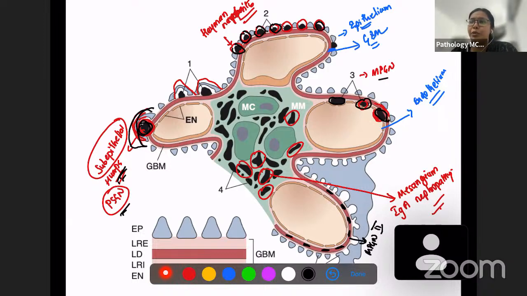So these kind of deposits are seen in membranoproliferative glomerulonephritis. You can also see intramembranous deposits which are inside the membrane. These kind of deposits are seen in membranoproliferative glomerulonephritis type 2. And then we have mesangial deposits which can be seen in IgA nephropathy. So these are the things, certain clues to crack cases.